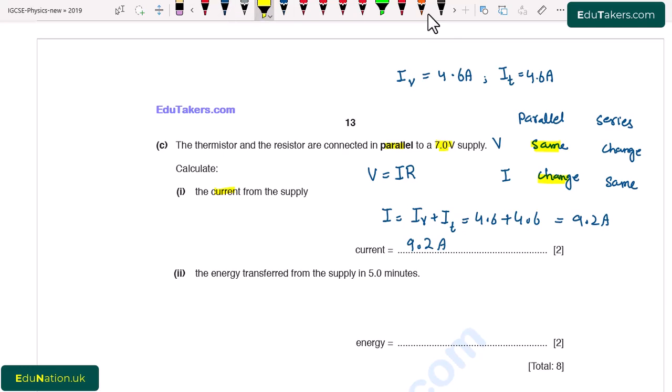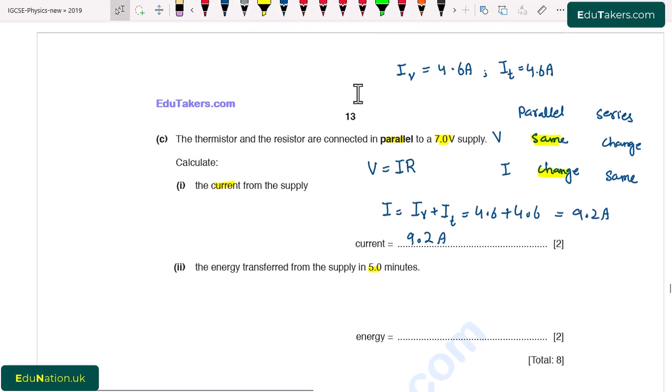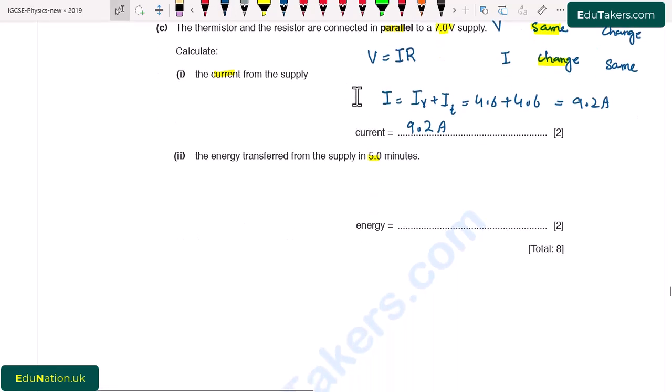Part 2. The energy transferred from the supply in 5.0 minutes. Here we have to calculate the energy, and we know that power is rate of transfer of energy. I write here power is equal to energy over time. Here we have to calculate energy.